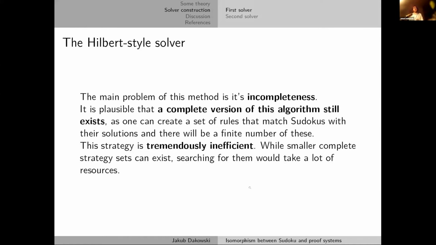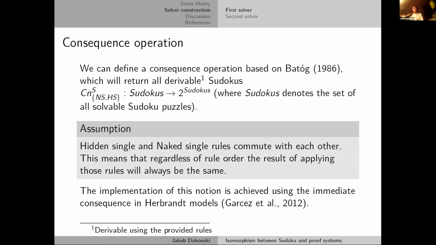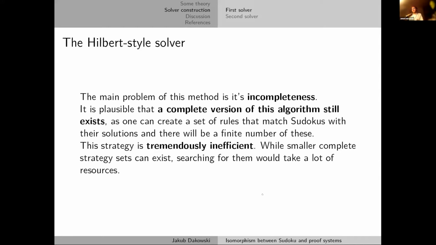Now, as you can probably see, using this consequence operation, we can already imagine a system that is able to solve some Sudokus. And it's true, the system is able to solve Sudokus, but unfortunately not all of them. There is a problem with incompleteness of this algorithm. It is possible to create a complete version of this algorithm. I actually have a proof sketch in my mind.